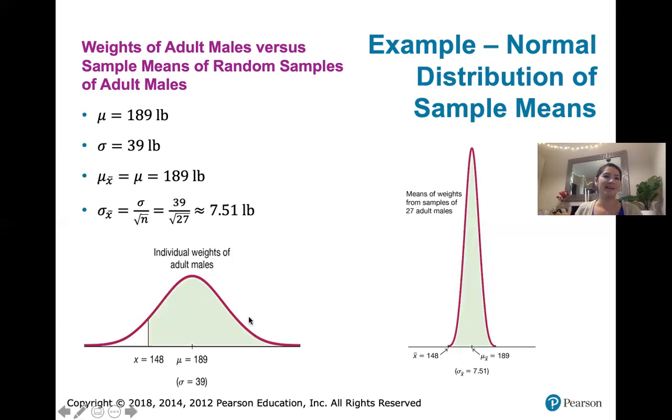But when we take samples of 27 adult males, and then we compute the mean of their weights, because we're averaging those weights, I know Mr. Triola wouldn't like me using the word average, but I'm going to use the word average.